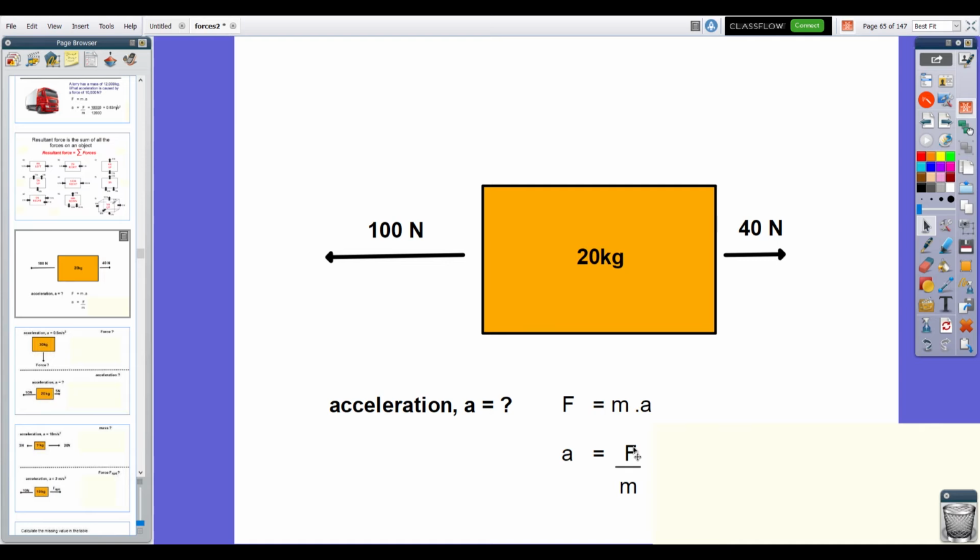F is just the resultant force. 100 minus 40, which is 60. 60 divided by the mass, 20, gives us an acceleration of 3 meters per second squared. But we haven't finished yet, because acceleration is a vector. 3 meters per second squared to the left.